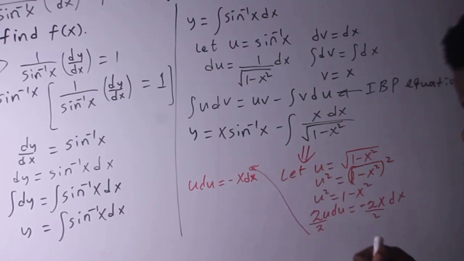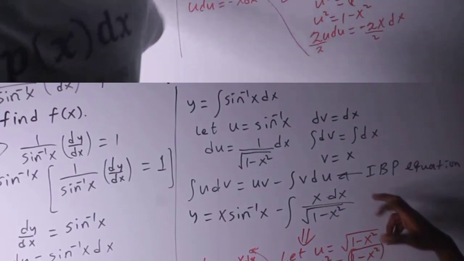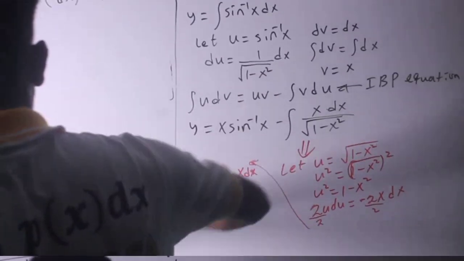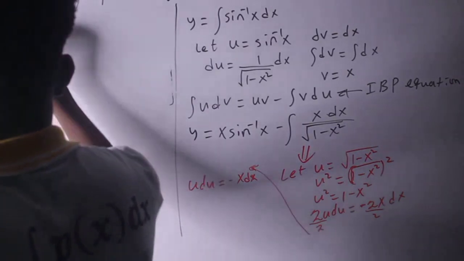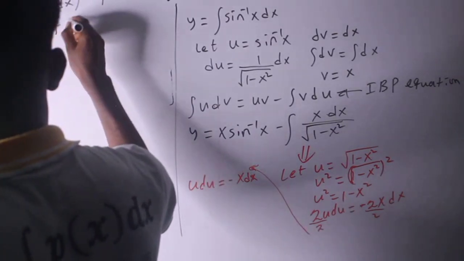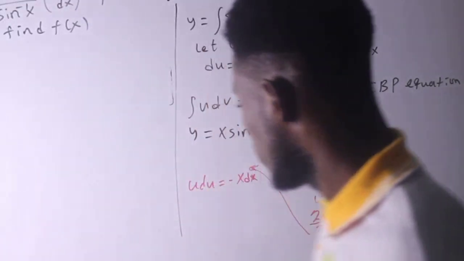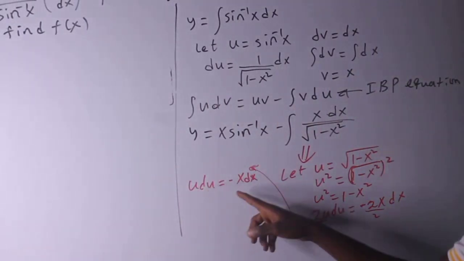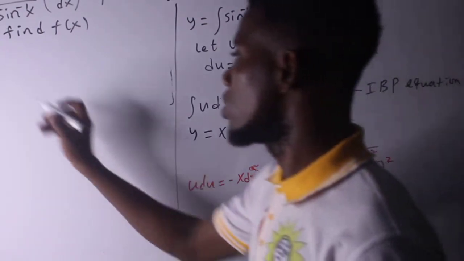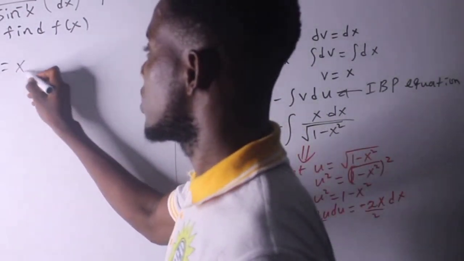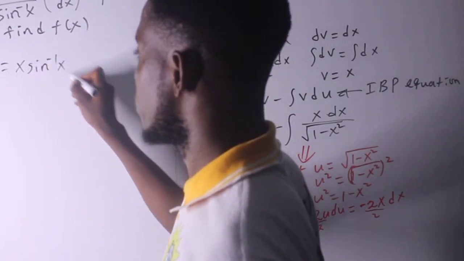Great. So we want to evaluate this, so let's move on and evaluate that. We have u du to be negative x dx. So let's rewrite this expression. We have y is equal to x sine inverse of x.